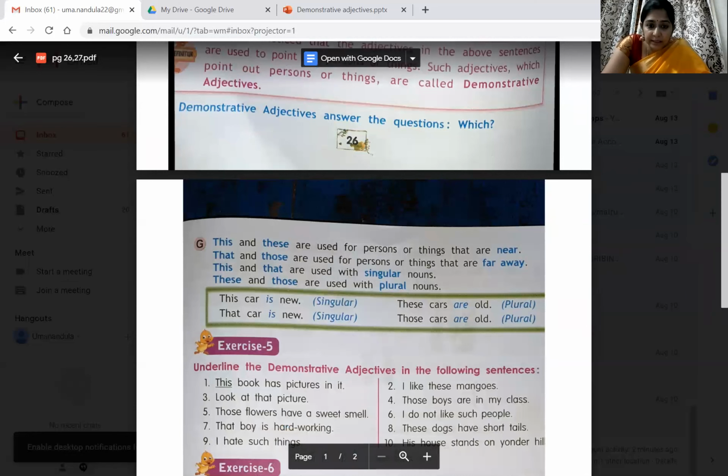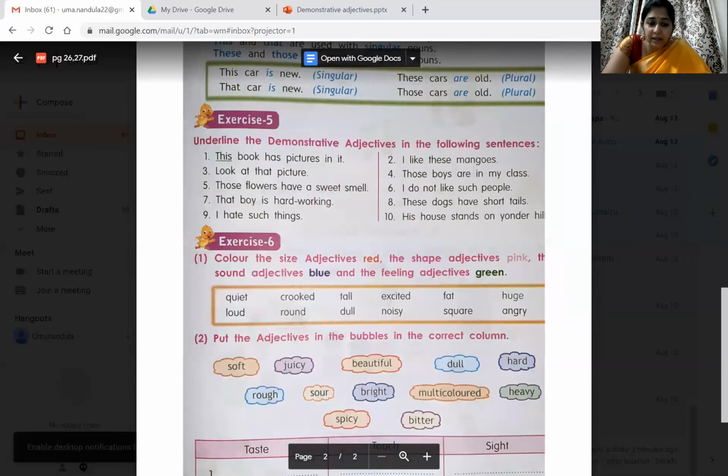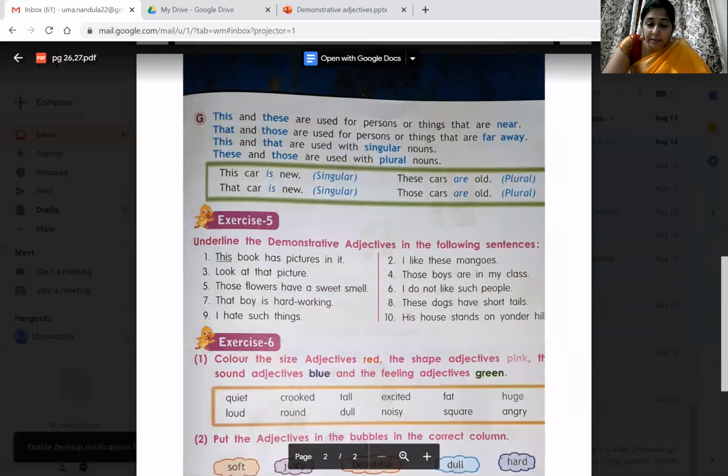And here you can see in the next page, where I can see this and these are used for persons or things that are near. That and those are used for persons or things that are far away. This and that are used with singular nouns.